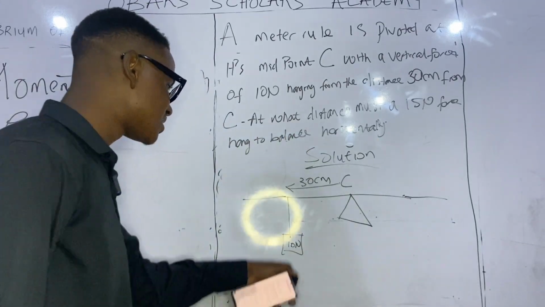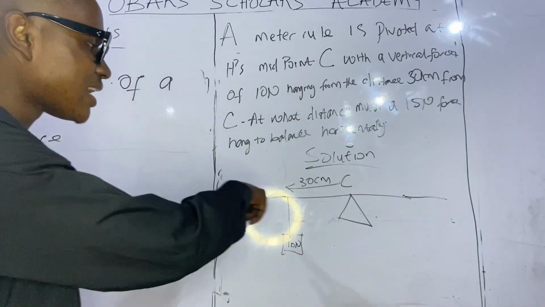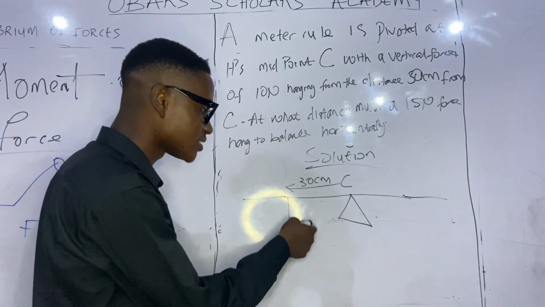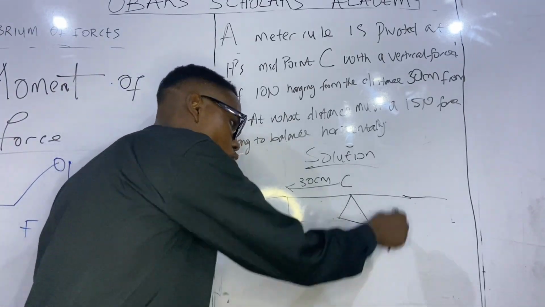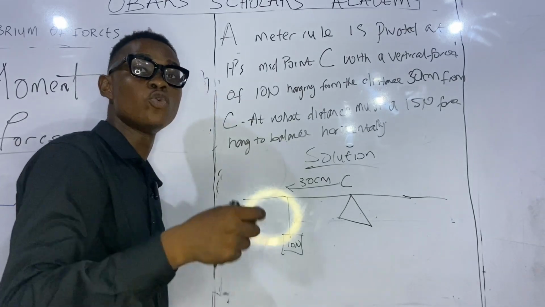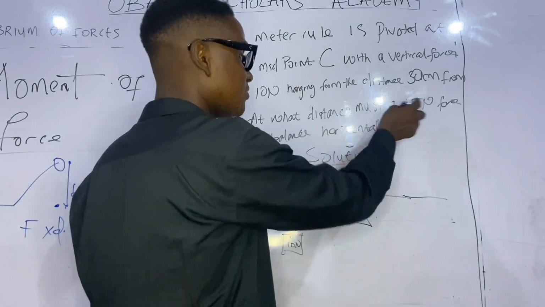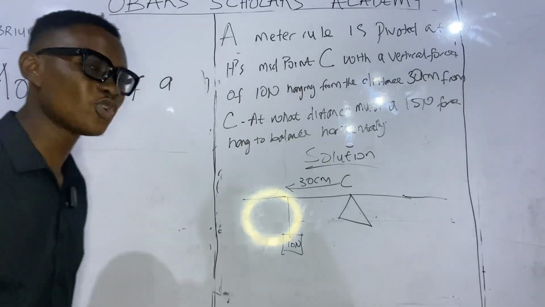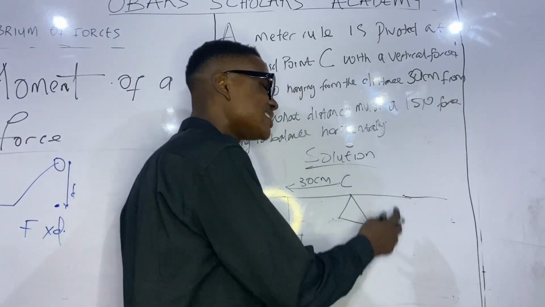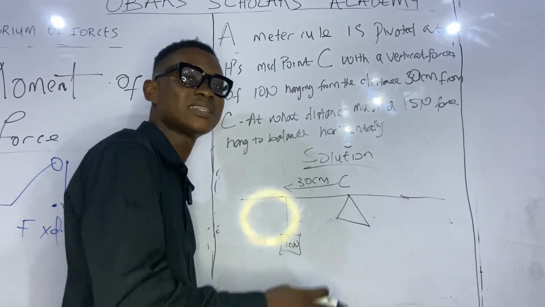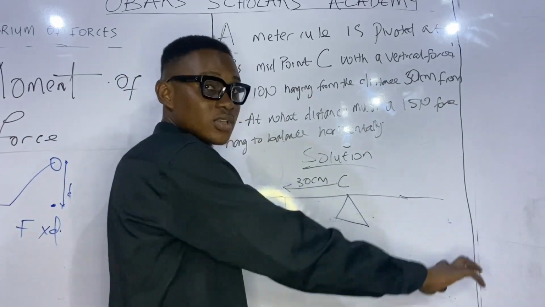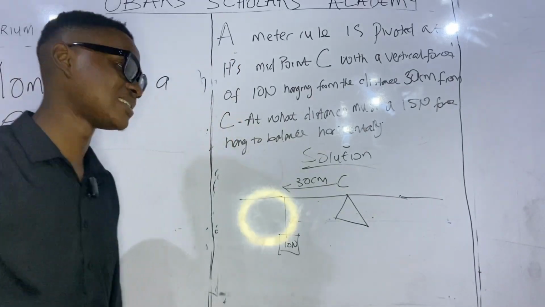The thing is that at this particular position, this meter rule will not be in equilibrium because there's a 10 Newton force hanging here, so it will tilt like this. They are saying, where should we put this 15 Newton force to make the ruler balance horizontally? We can't just put it anywhere. We must put it at a calculated distance from point C, also on the right hand side, so as to be at equilibrium.